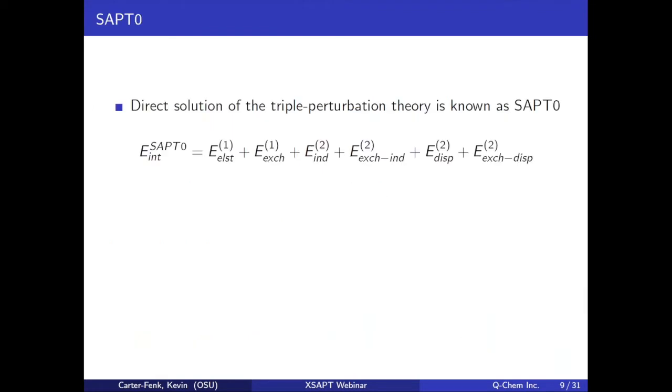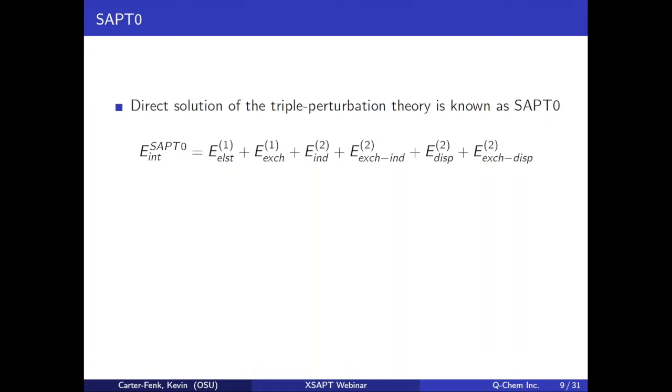And the advantage then to treating these non-covalent interactions with a perturbation approach is that the perturbation expansion of the energy naturally unfolds into an energy decomposition analysis.